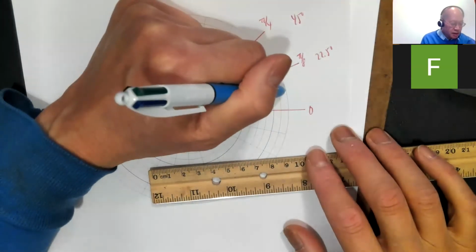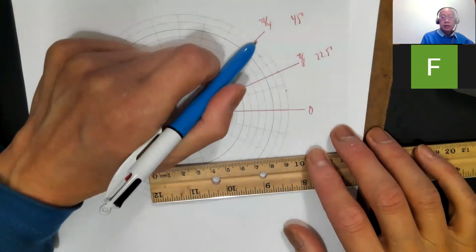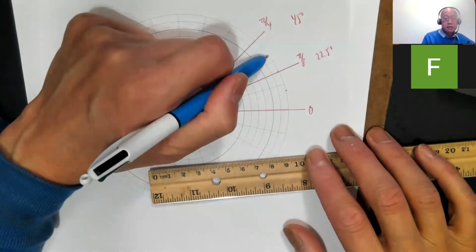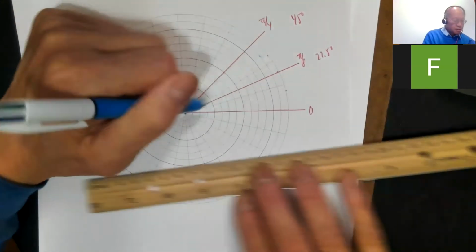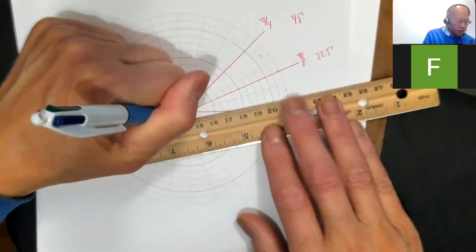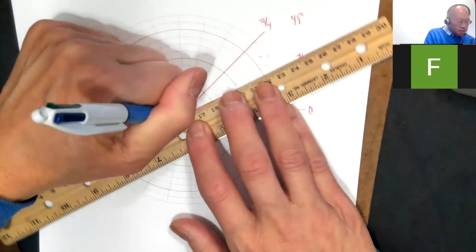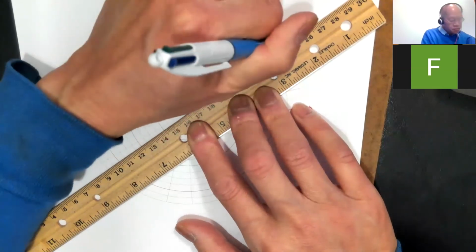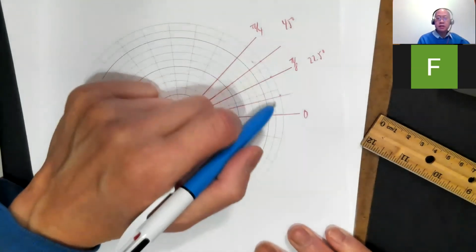If I only look at those, then maybe halfway is like that. And these two here, halfway, just eyeballing it. Don't even look at all the other lines. Maybe it's like that. Okay. So I'm going to have to go like so. And like so. So I've divided the 45 degrees into 4.